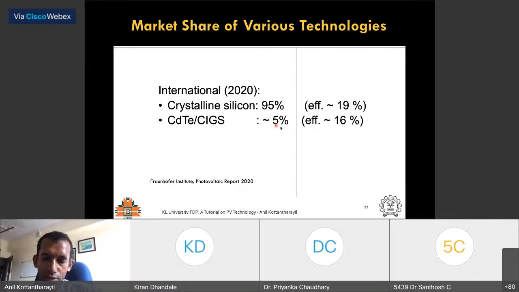Cadmium telluride and CIGS have about 5% market share, and efficiency in the range of 16%. Considering that crystalline silicon has higher efficiencies, and also you can get larger modules and so on, cost is also somewhat lower for crystalline silicon technology.